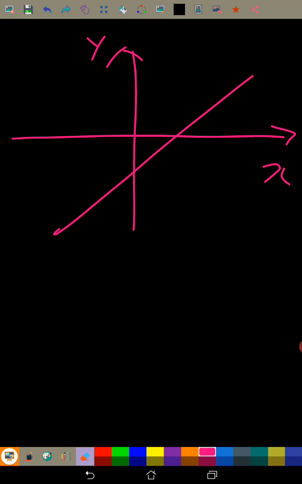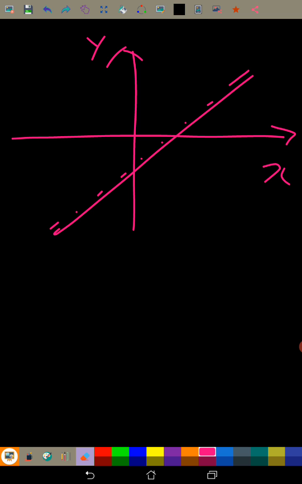We have a line, and we have another line that is just on it. I just put it in dotted line because if I put it exactly on the line, you will not see it. But there are two lines at the same place.